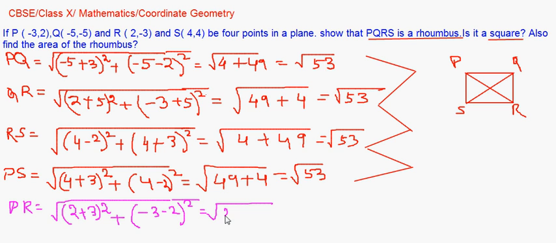So it's 5 whole square is 25, minus 5 whole square is another 25, that's root 50. So that is 5 root 2 units. We also need to find out QS.